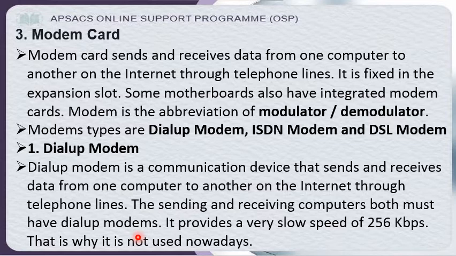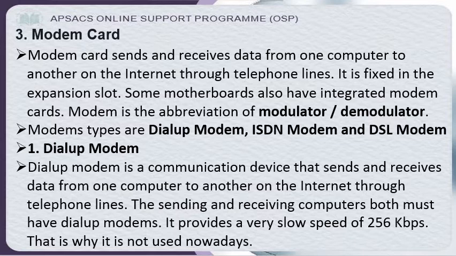The bad thing, or we can say the worst thing, about the dial-up modem is that speed is very slow. It provides 128 kbps or 256 kbps speed. So a very slow speed of 256 kbps, which is the maximum, will be utilized through a dial-up modem.